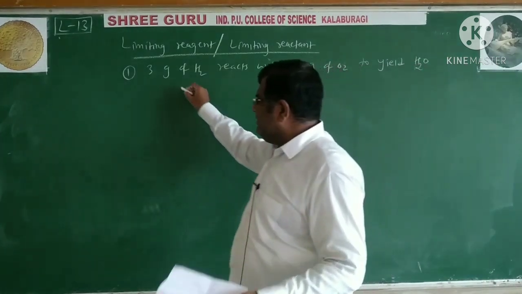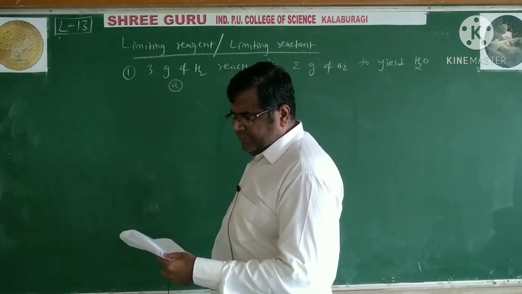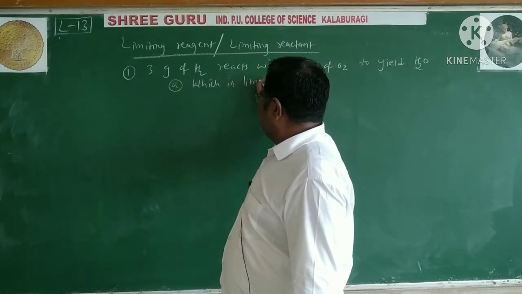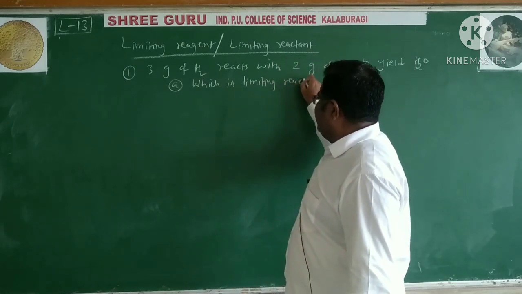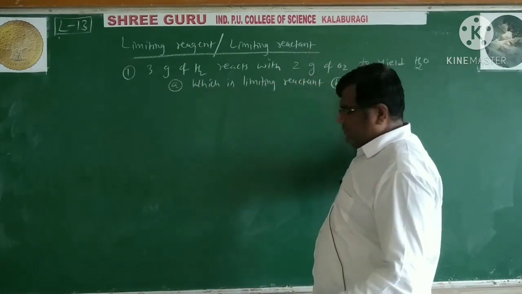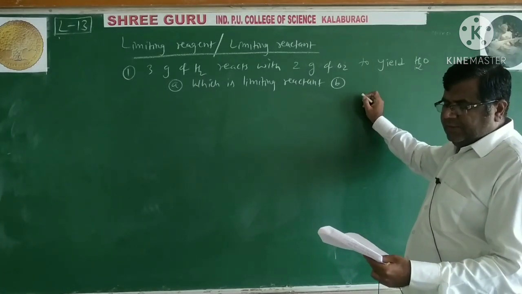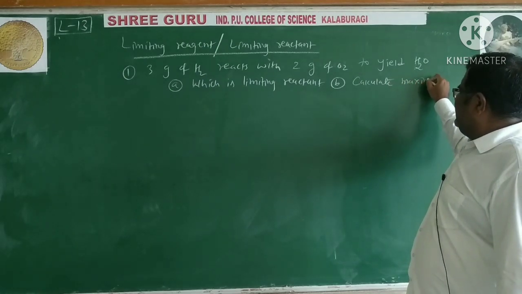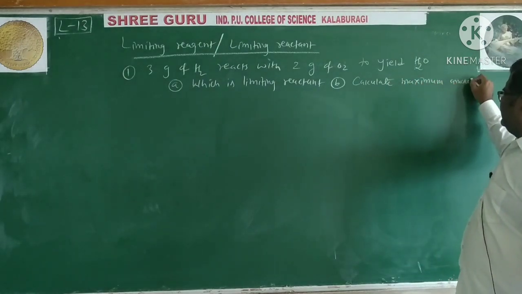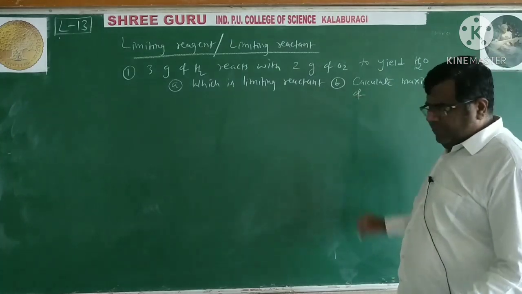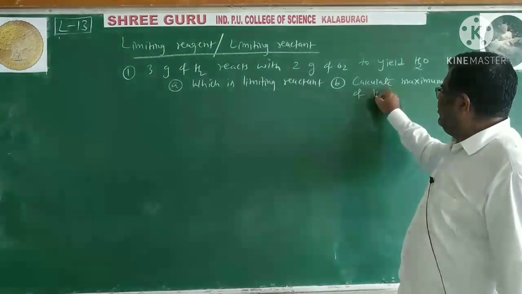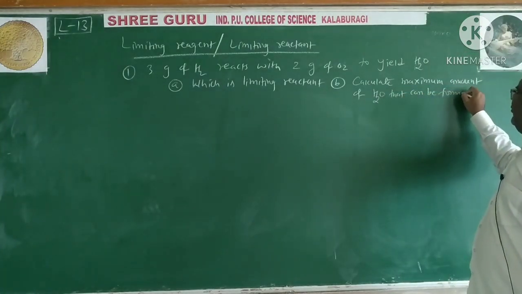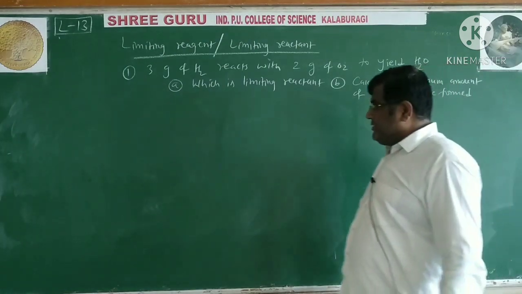3 questions are asked. First one, which is the limiting reactant? The other one is, calculate the maximum amount of H2O that can be formed. Of course, it depends on the limiting reactant.